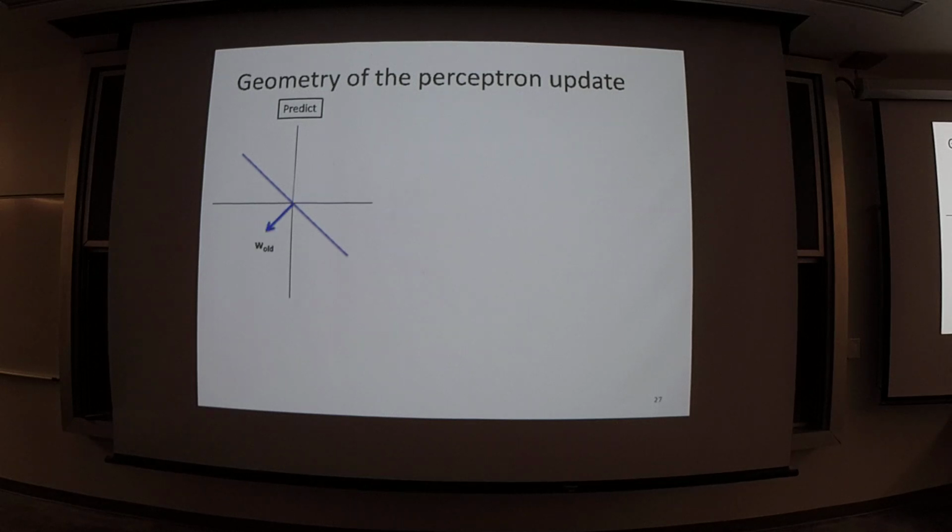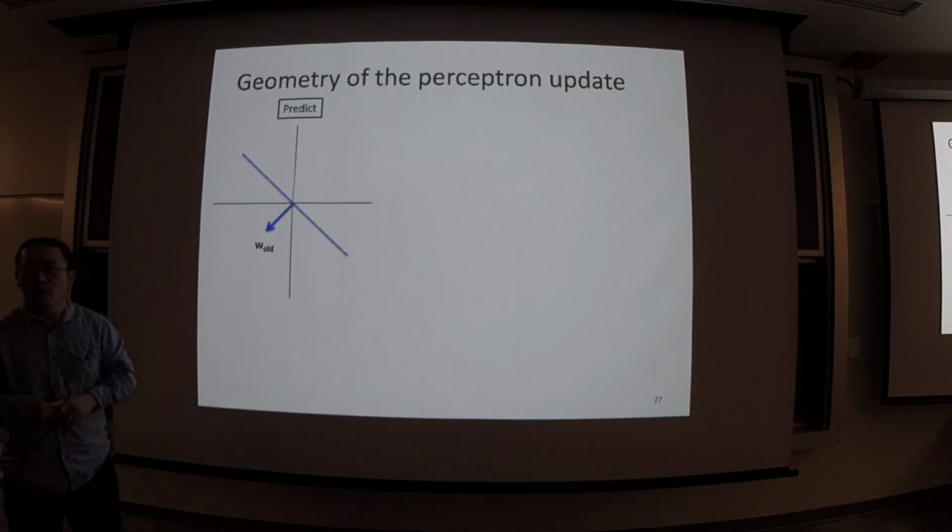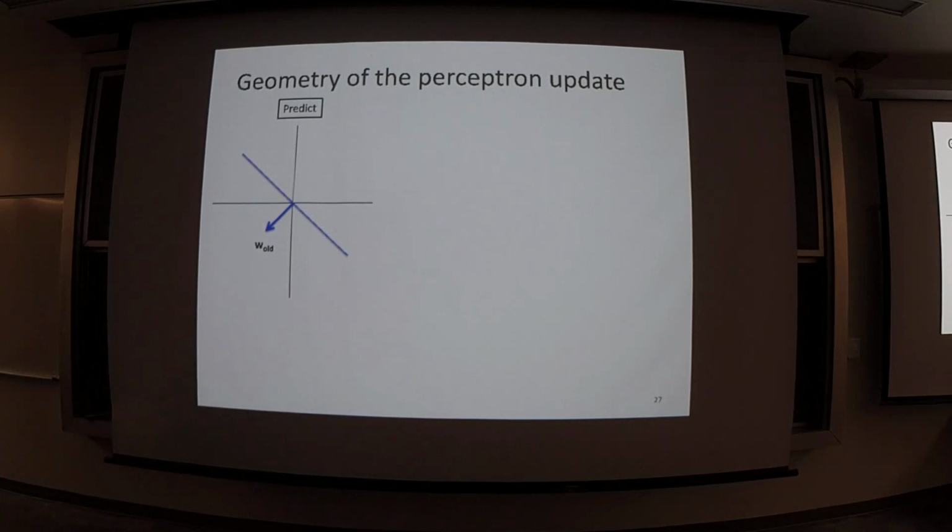Okay. So now let us look at another case. What if we make a wrong prediction on a negative example? Again, this is our current weight vector and the classification boundary. Now suppose I have a negative example here, so the label is -1.